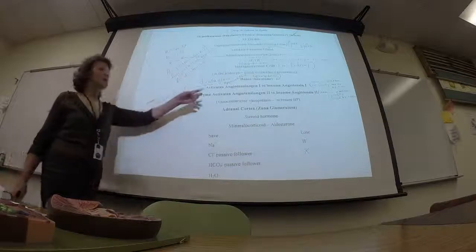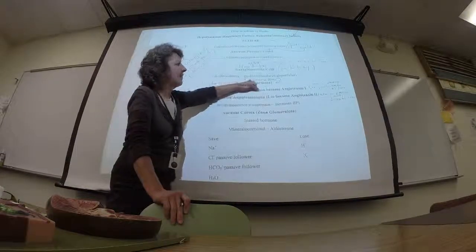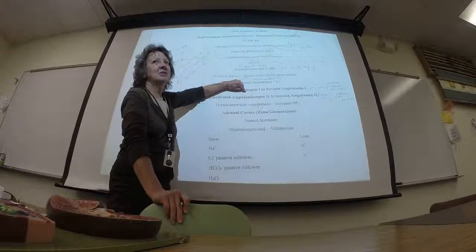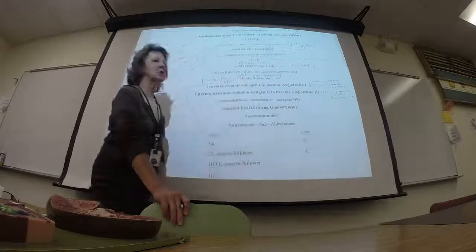So look at the endings of these liver proteins. OGEN, that means they're inactive. So we've got to eat off an ending on each of these to get them turned on.